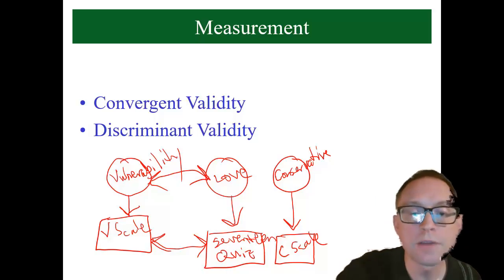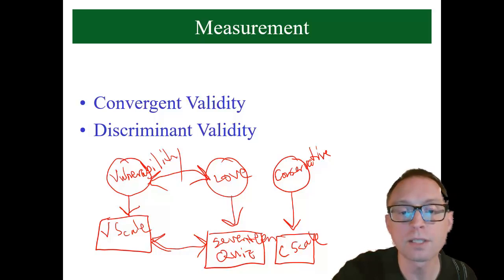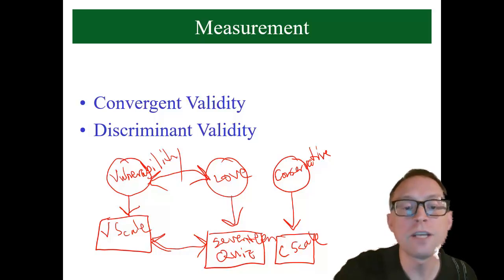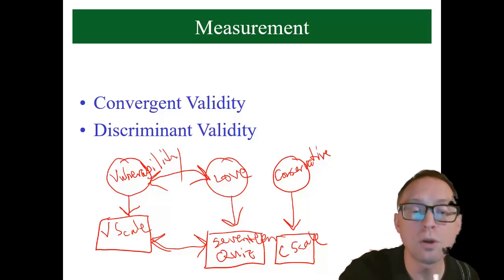So remember, the 17 quiz, that's the measurement that we want to test right here. Convergent validity says that this measurement, the 17 quiz, should also correlate with things that it should correlate with.